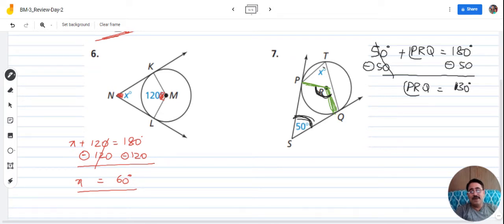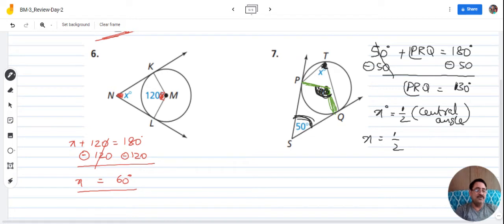But the value of x is not 130. The inscribed angle equals half of the central angle. Just now I computed that the value of the central angle is 130.